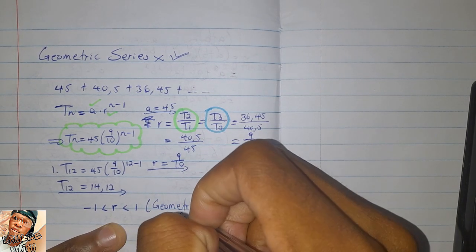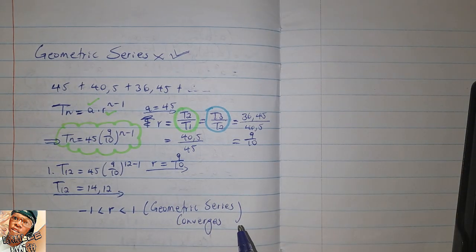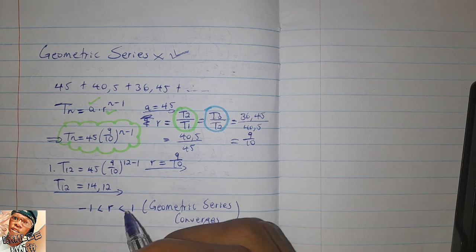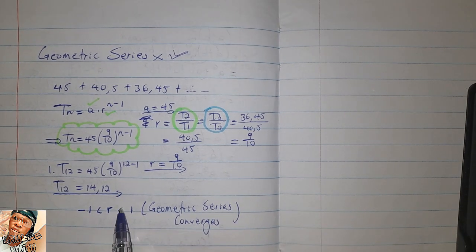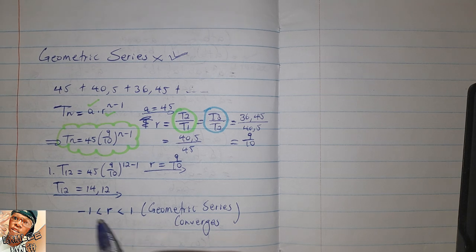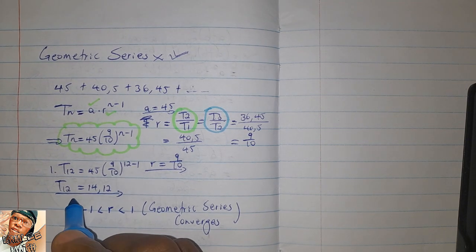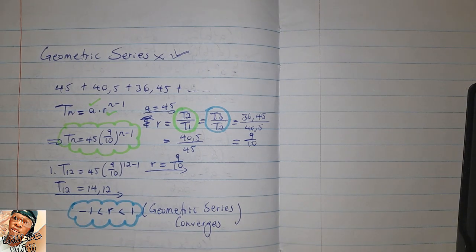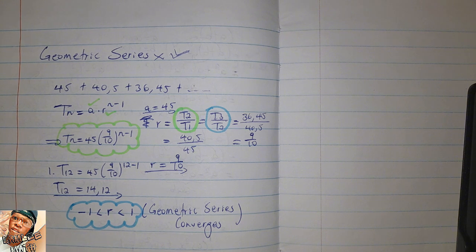So a geometric series converges for R between -1 and 1. This is the only condition for which a geometric series converges. So any time they ask you for a reason why a geometric series converges, you just write that. You don't even need to write anything else. It's a reason on its own.